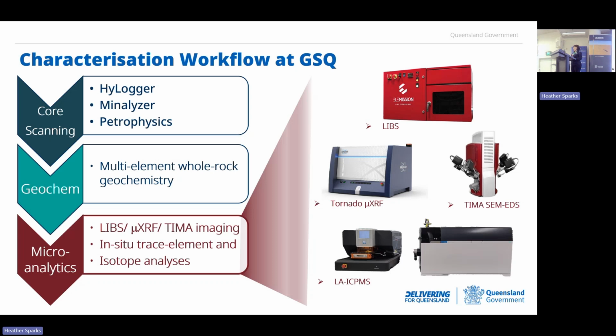And today in my presentation, I would like to focus on our microanalytical work and focus on the new and advanced instrumentation and characterization process we use in newly acquired advanced instruments, and you can see some of them I put on this slide.